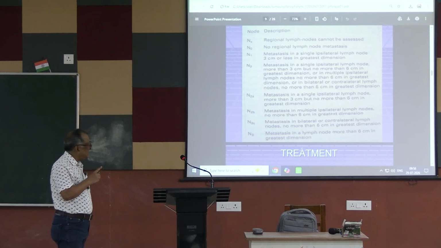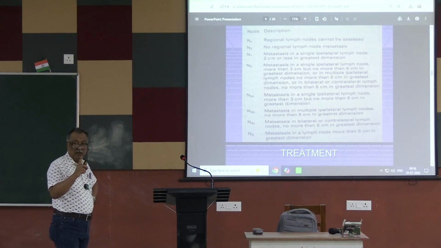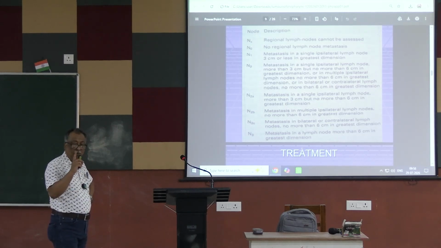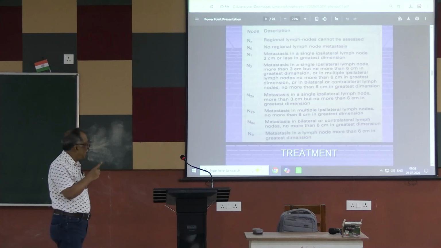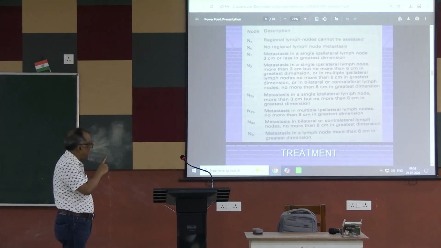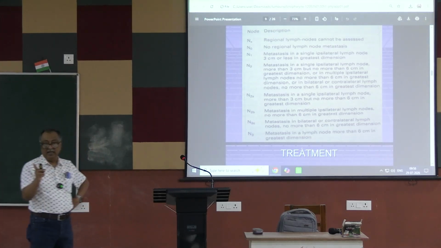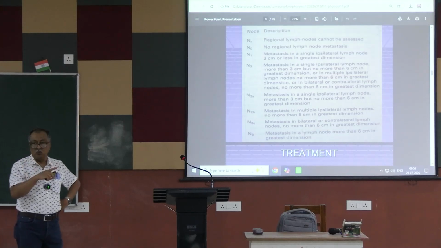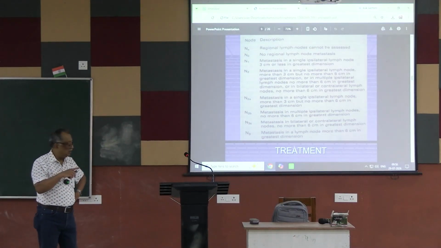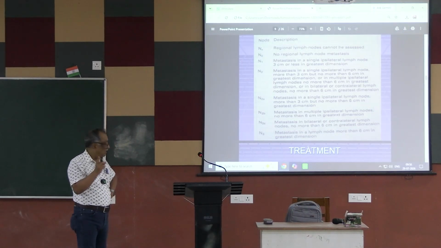N2B is metastasis in multiple ipsilateral nodes. N2C is bilateral or contralateral. If it is contralateral, that is also N2C, and it is not more than 6 centimeter.